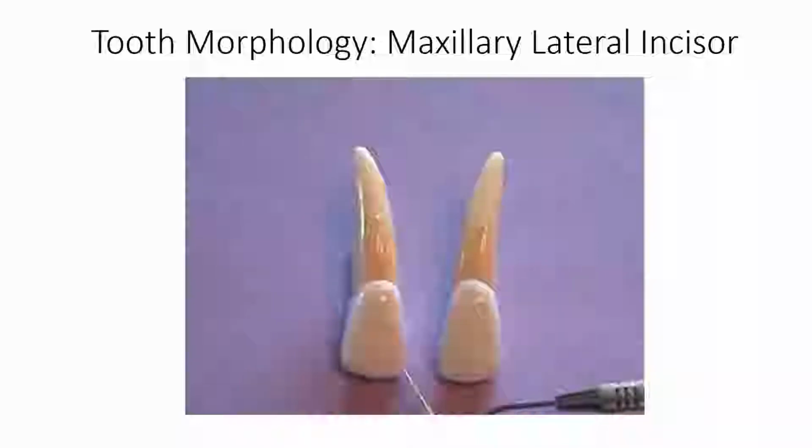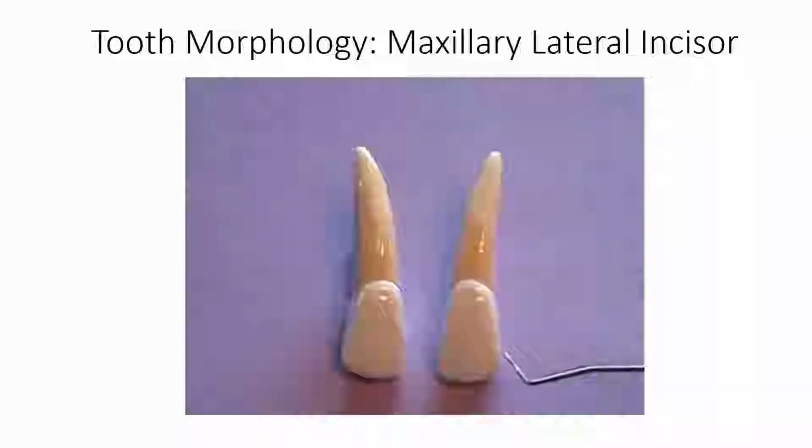The distal contact is either in the middle 1/3 or at the junction of the middle and incisal 1/3. Distinguishing right from left, the mesial incisal angle tends to be sharper, and the distal incisal angle tends to be rounder.